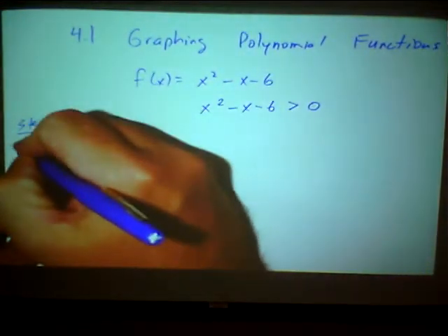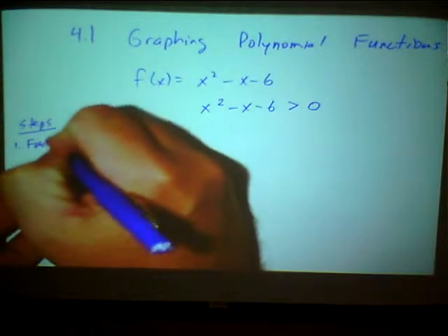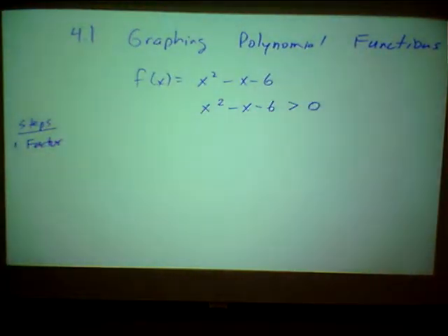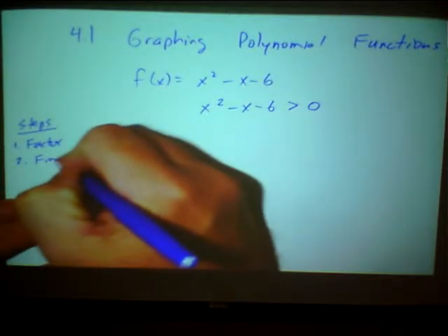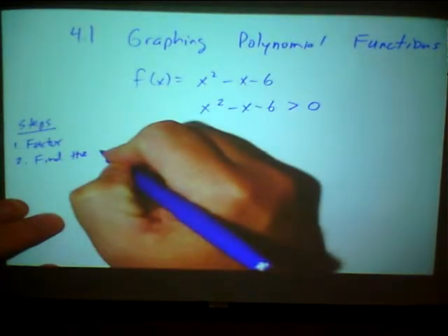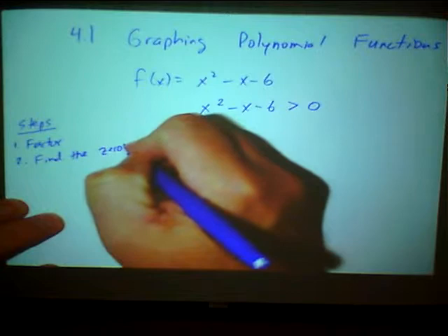The first step, which you may or may not have to do, is to factor. Sometimes some problems will be given to you and it will already be factored, but sometimes, for example, the problem we're going to do in just a minute, I will have to factor it. And then find the zeros of the function.